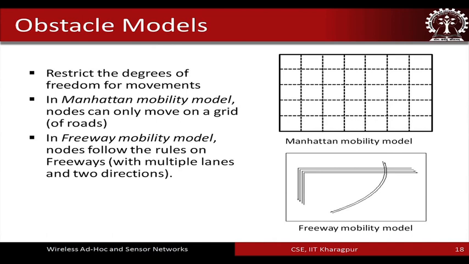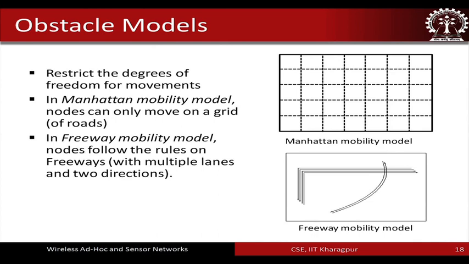As the name suggests, Manhattan in the US has a pattern of roads like what is shown in the figure: north south, east west, two sets of roads cutting each other, giving a grid like pattern. That is why mobility models that follow this kind of pattern are known as the Manhattan mobility models.